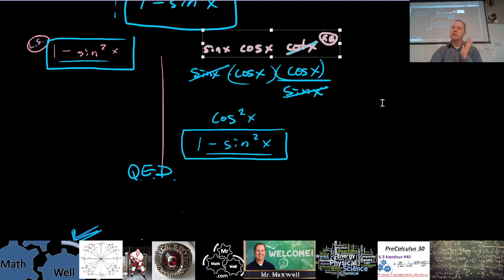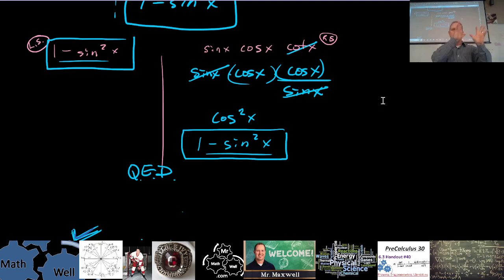Now, sometimes you may want to work on both sides, but most of the time you pick one side and just focus on that. Because if you change one side and you're like, I don't know, this doesn't look good, then you change the other side, well, you're maybe going to be further apart. Things are going to get more complicated. It's kind of like if you have a friend and it's dark out and they're on the other side of the park, and you're saying, I'm trying to find you, shout or keep talking.